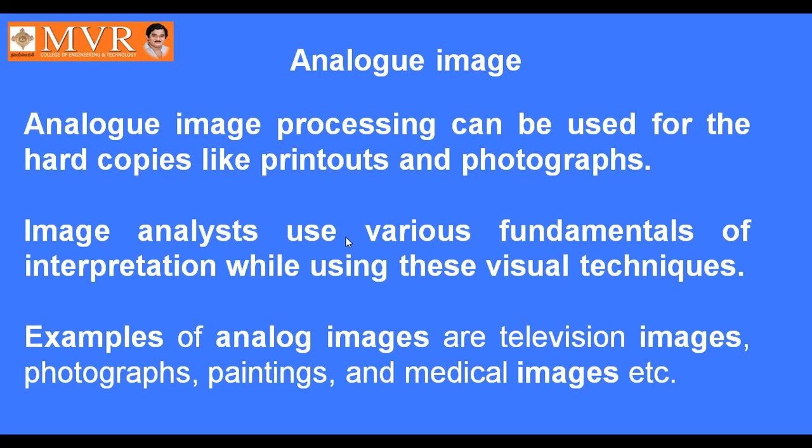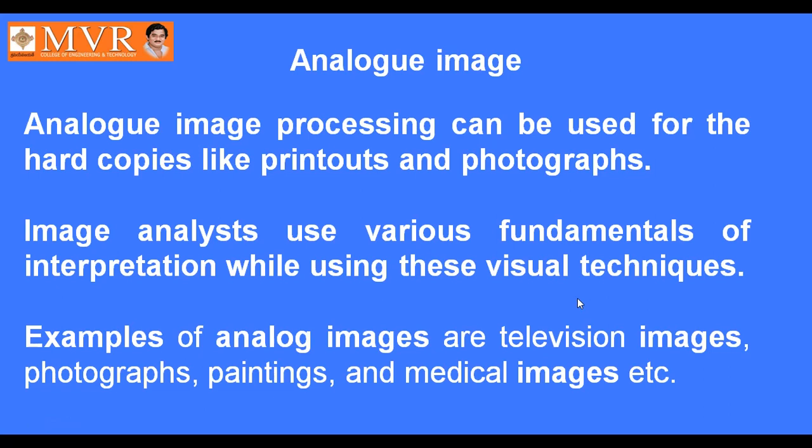Analog image processing can be used for hard copies like printouts and photographs. An analog image is nothing but some hard copy printout. You can identify this is the ground, this is the MVR building, these are trees. Image analysts use various fundamentals of interpretation while using these visual techniques. Visual means using your human eye, you can observe the satellite image.